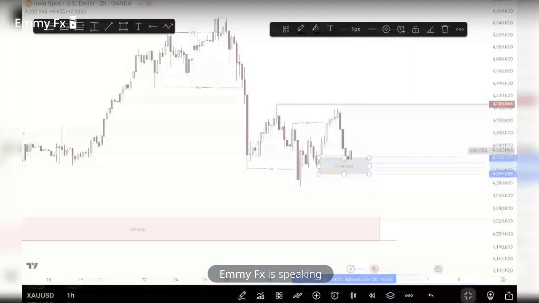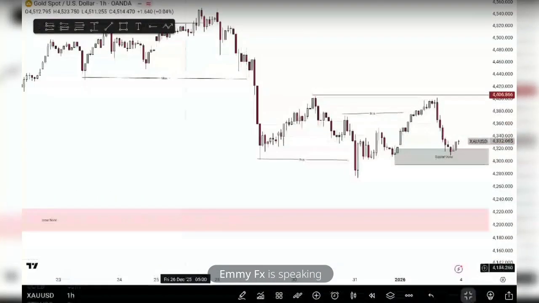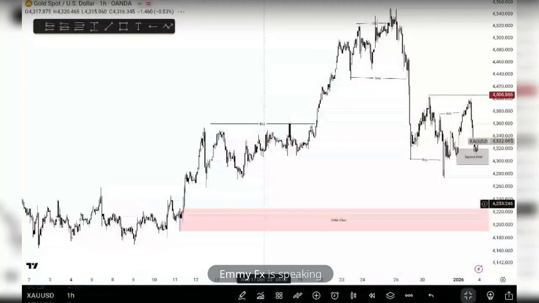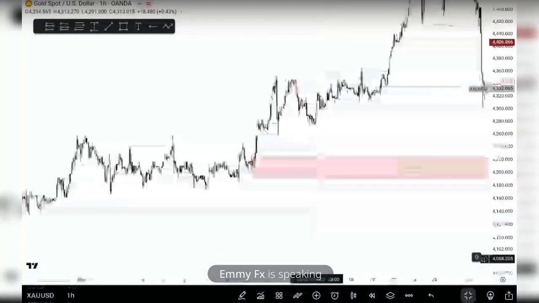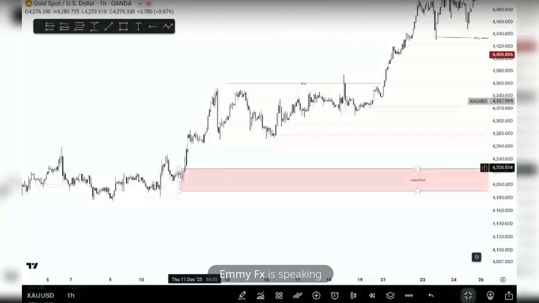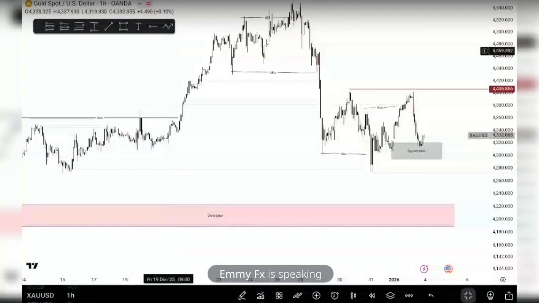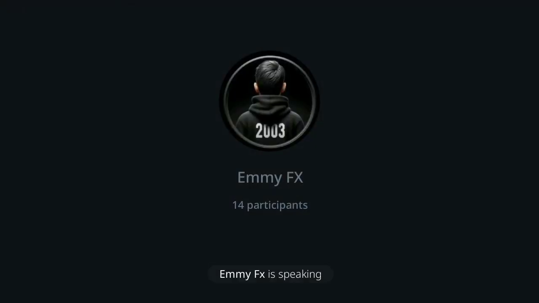So I want us to go to our 1 hour time frame. In our 1 hour time frame, let's refine this origin to this other block. As I said, price has already reacted from here.